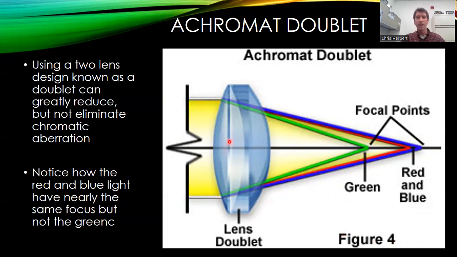And one lens is made out of a higher index material, and the other lens is made out of a lower index. And what this does is you have to be very careful with the way that you design this, in that the chromatic aberration from the biconvex lens has to be canceled out or nearly canceled out by the meniscus lens here.